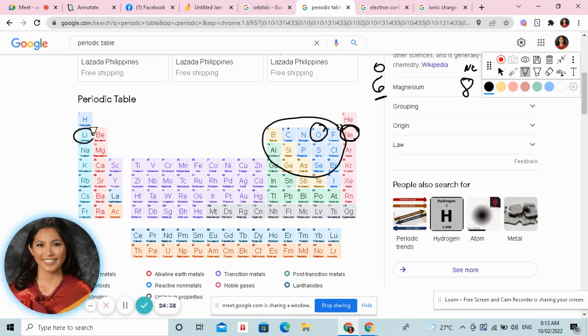Unlike lithium, how many valence electrons does lithium have? 1, ma'am. 1, 2, 3, 4, 5, 6, 7, 8. Okay, we have 1 valence electron.